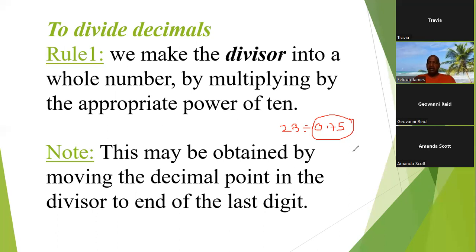do we just go ahead and divide after that? If we multiply the divisor by 100, then we will get the whole number 75, right? And what else do we do from there?